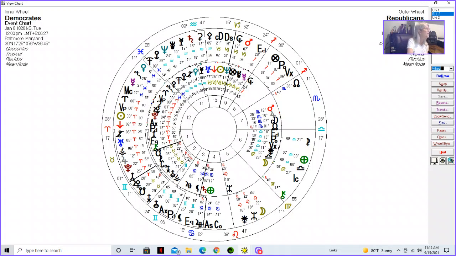So with that said, we're also looking at the Mars-Hades connection. Okay, so that's about 4 or 5 degrees apart, but I am talking about a larger group of people, and I am talking about something that's hundreds of years old. Okay, it's at least 100 and some years old.